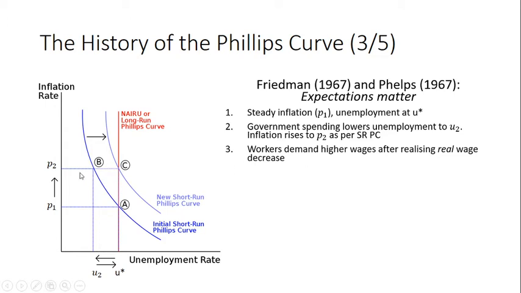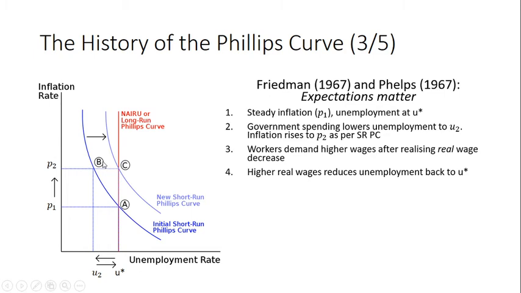So, at the higher rate of price inflation, workers realize after time that their real wages have decreased. Why? Because their wages have stayed steady, but prices have increased, therefore their purchasing power, their real wages, have fallen. As a result, they push for higher nominal wages to get back to the real wages they were starting with, which will, according to Friedman, bring unemployment back to our NAIRU level.